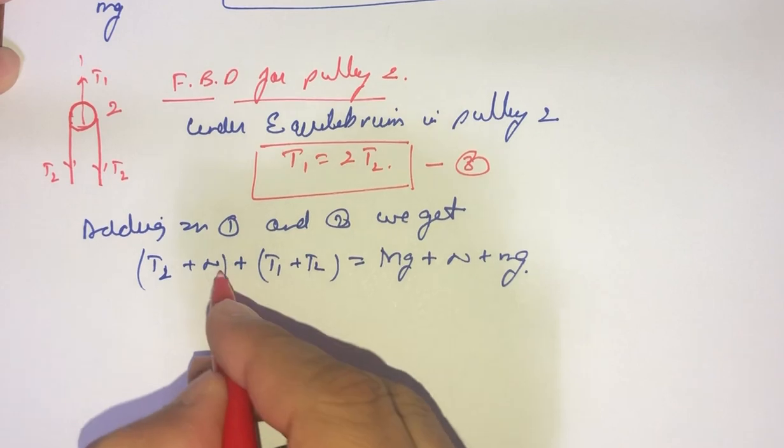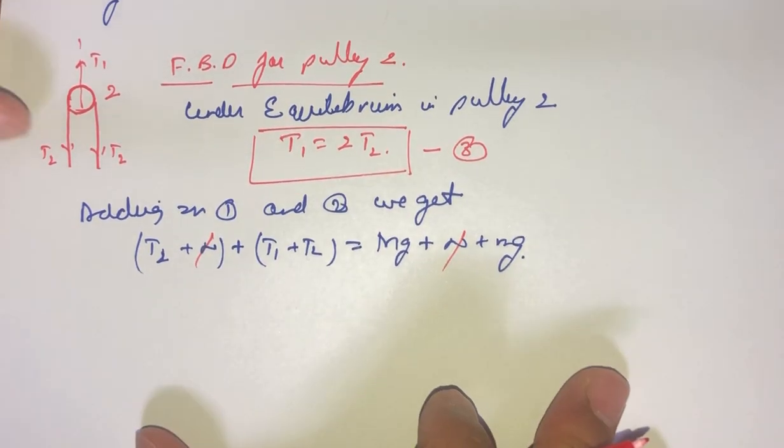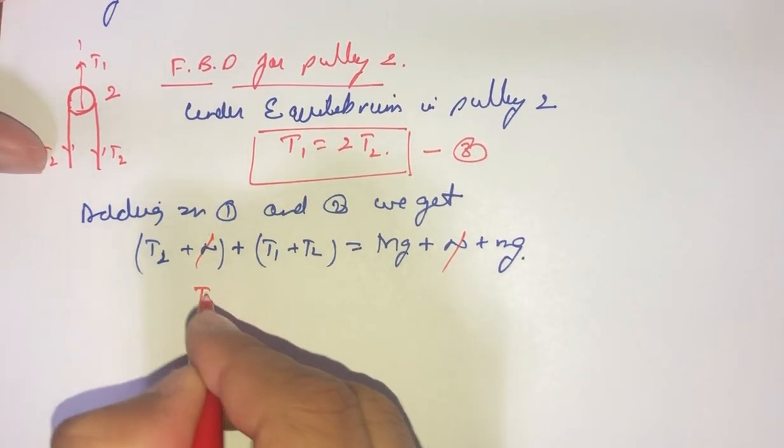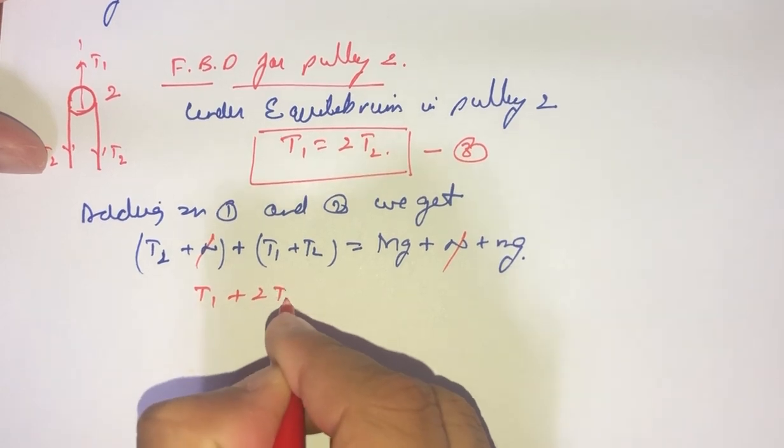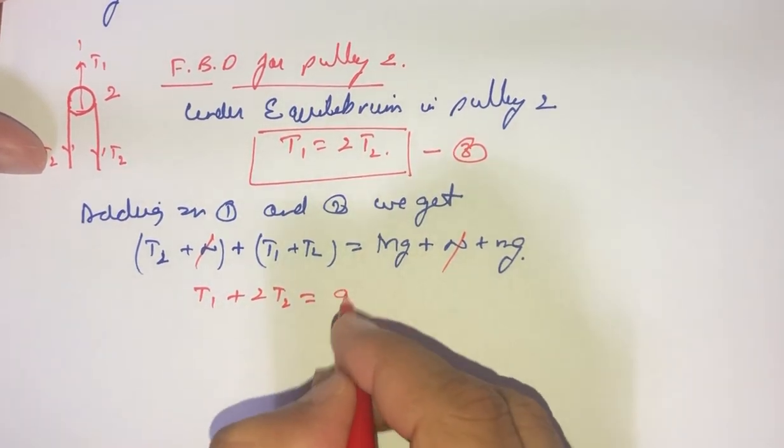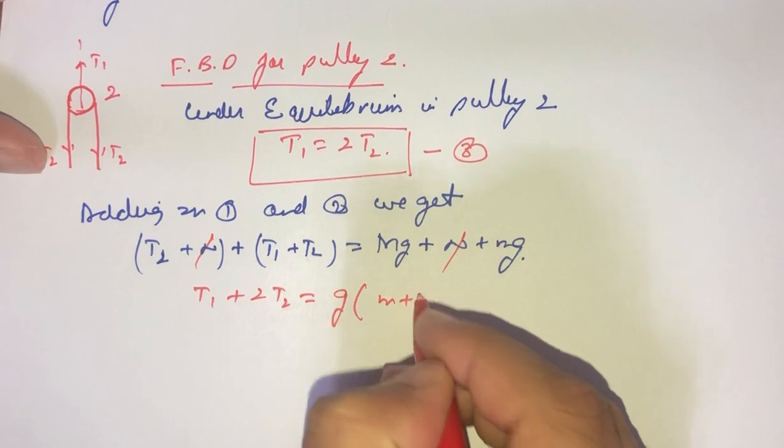So in this case the normals cancel out and we get T1 plus twice T2 is equal to, taking g common, (m plus capital M) g.